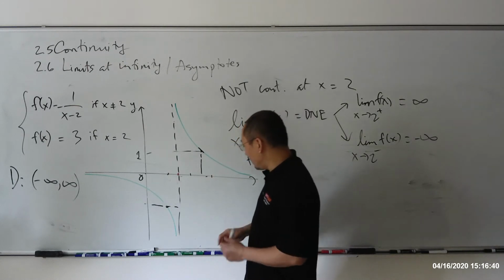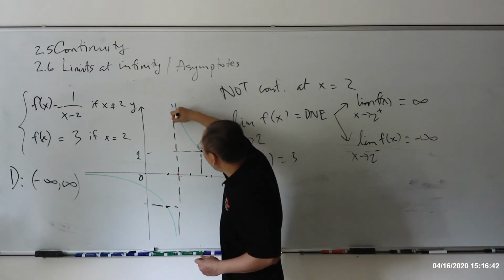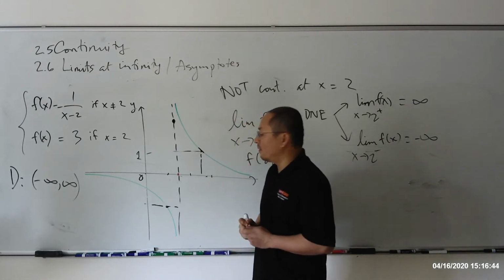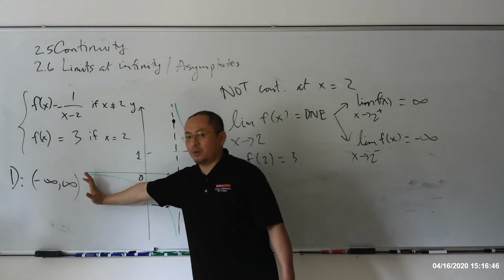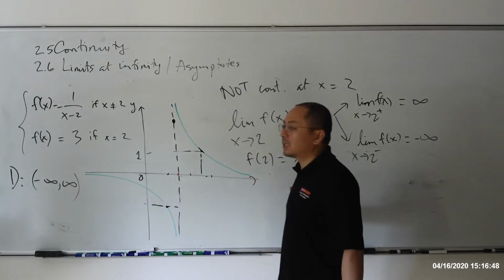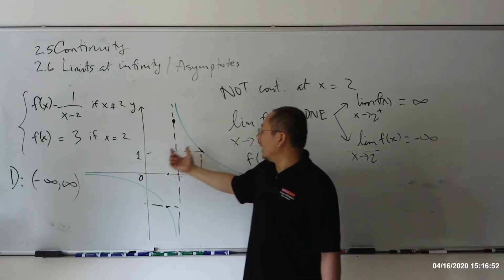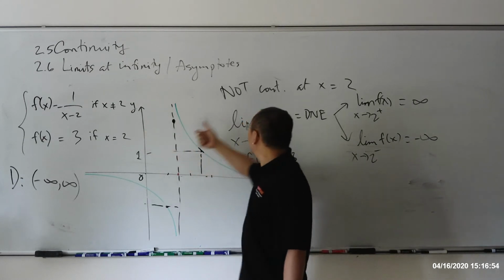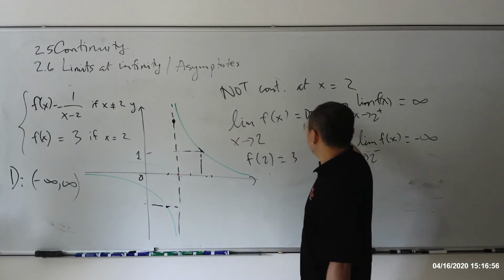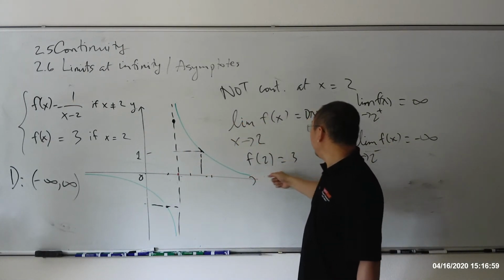The second example that I gave you right here, I just simply add another point into the graph. Now the domain is what? From negative infinity all the way to positive infinity. It includes every single point. Okay? 2 is on the domain. I plug in 2, the limit as x approaches 2 is not defined, so it is not the same as f of 2, which is equal to 3.